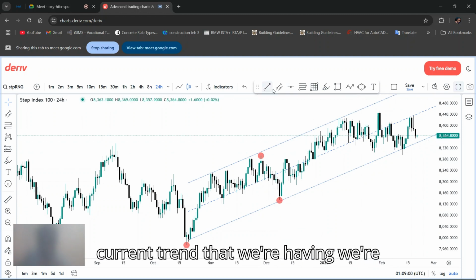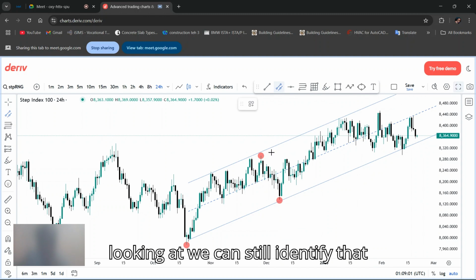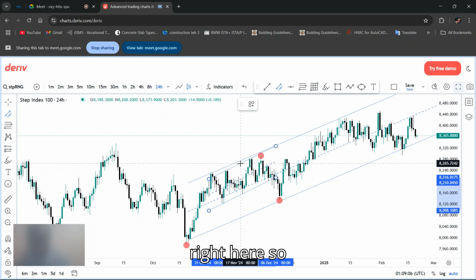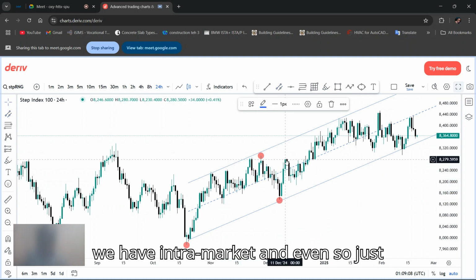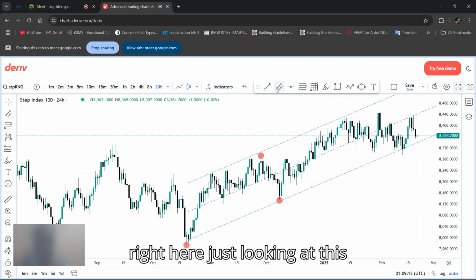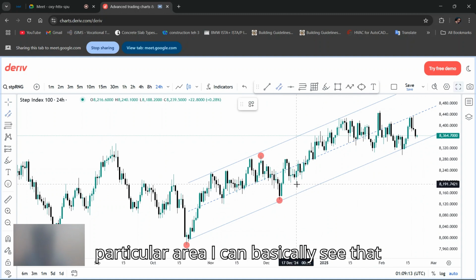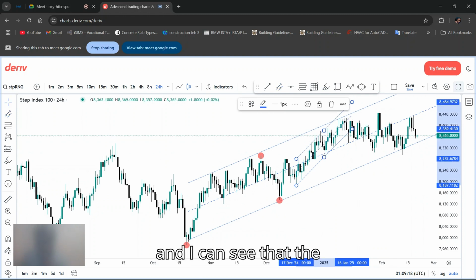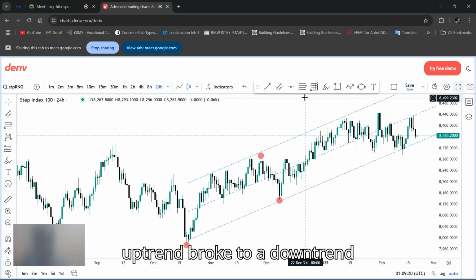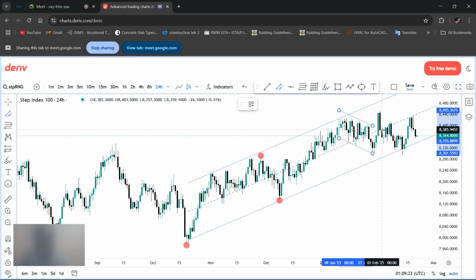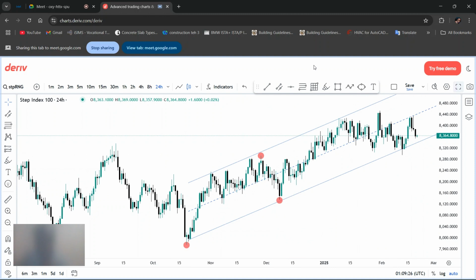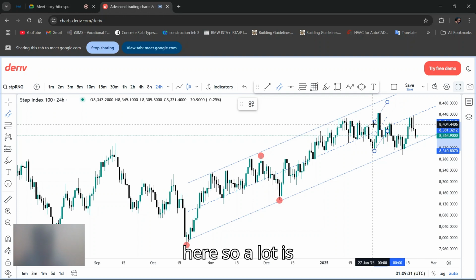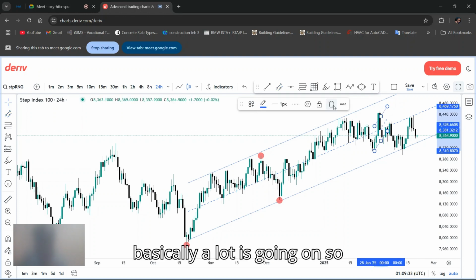Because even within this current trend, we can still identify that there was an internal uptrend right here. So we have intra-market structure, and even just right here, looking at this particular area, I can see that there was also an uptrend, and I can see that the uptrend broke to a downtrend, and then the downtrend broke back into a small uptrend right here. So basically a lot is going on.